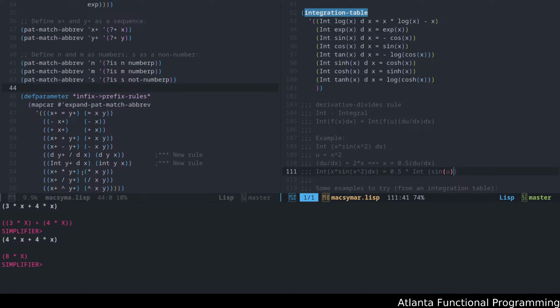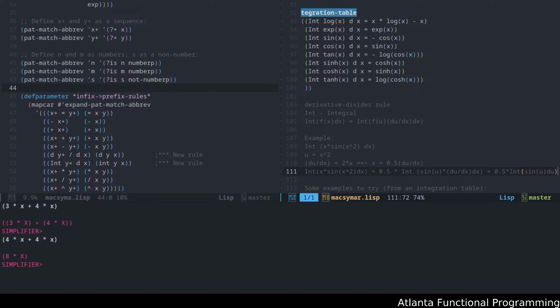Sine of u times du by dx times dx, which itself is just going to equal 0.5 times the integral of sine u du, right?